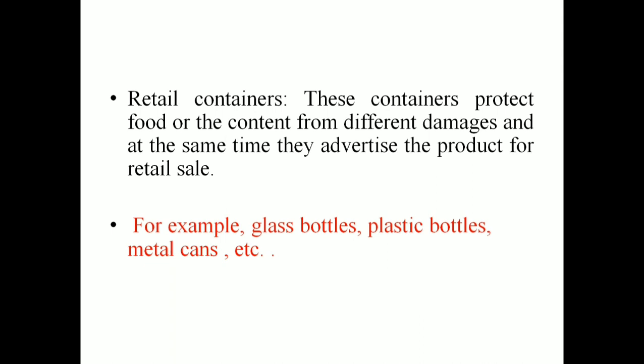Some products are sold in metal cans. You can see some brands of tea sealed and sold in metal cans. That protects the food or content inside, and even prevents the product from losing quality while being sold in the market. So that is in the case of retail containers.